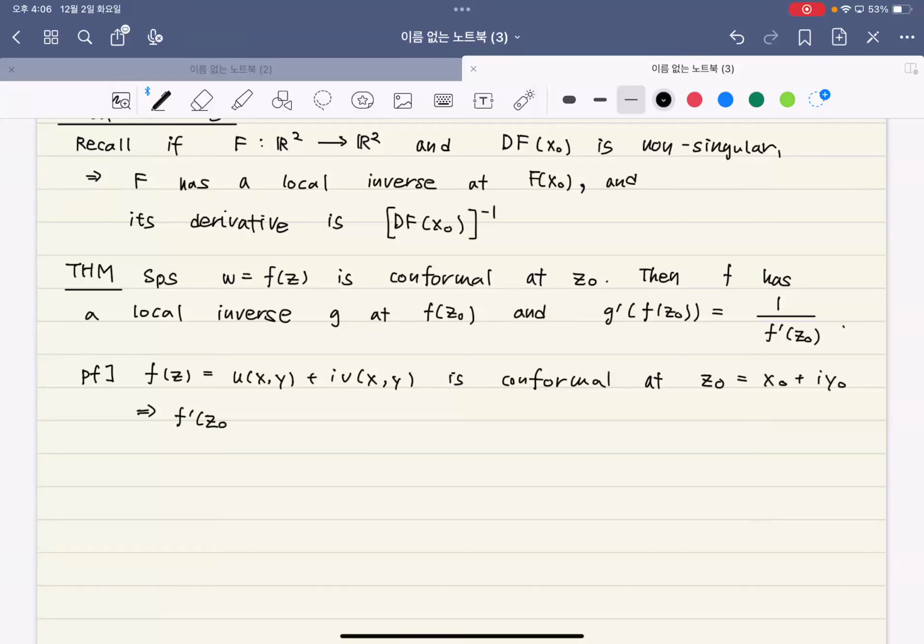So what is the derivative? The derivative is u_x plus I times v_x at x0 and y0. Oh, sorry, I forgot to put this subscript x.